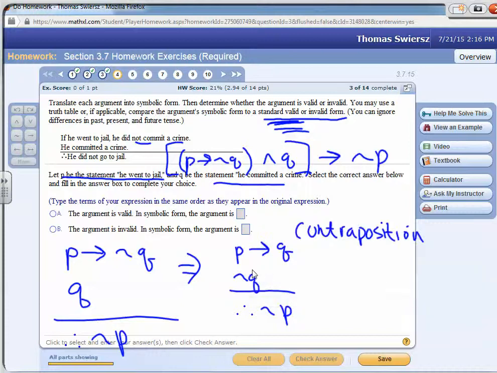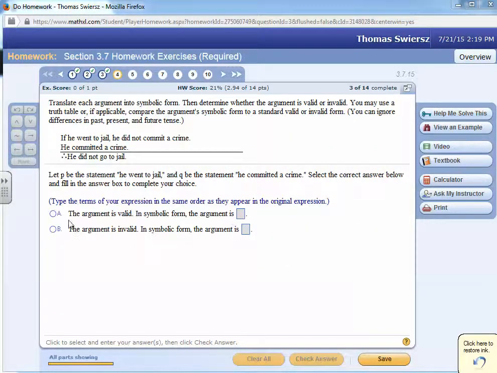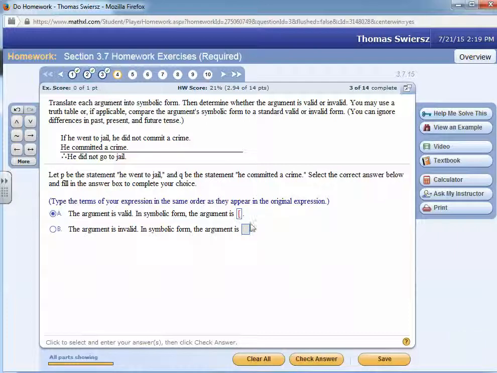All right, closing clear. So the argument is valid, and it is a bracket, and then a paren, P, right arrow, not Q. Then we need a paren around that, and then the and, Q, and then we need our bracket.